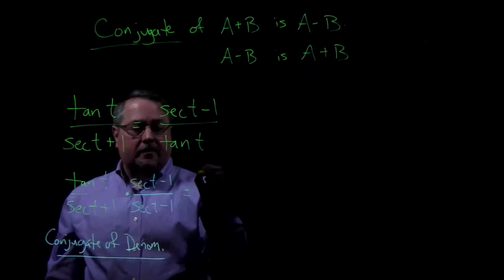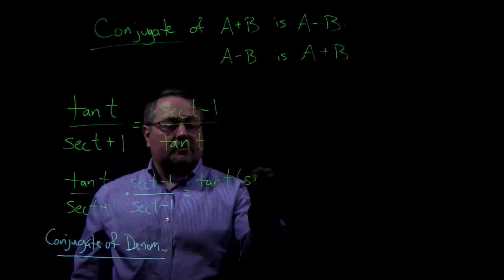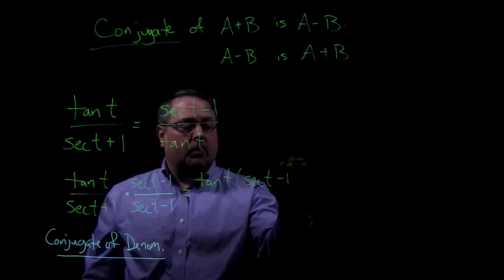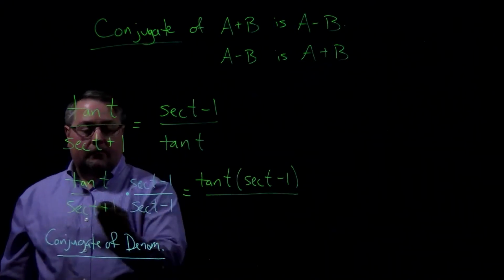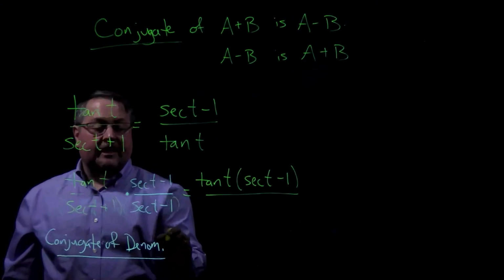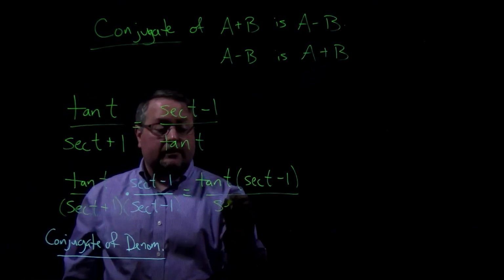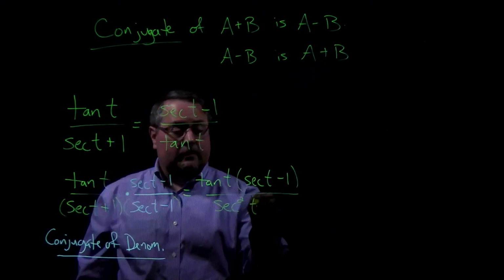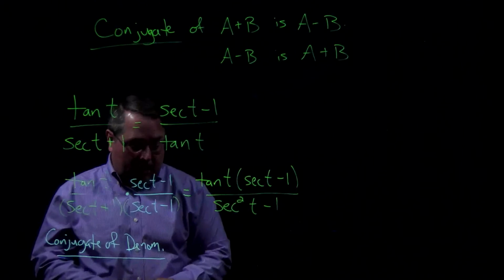Okay, so that's going to end up being tangent of t times secant of t minus 1 over, now if we FOIL out the denominator, we're going to have secant t plus 1 times secant t minus 1. This is the difference of squares factorization. So that's going to become secant squared of t minus 1.